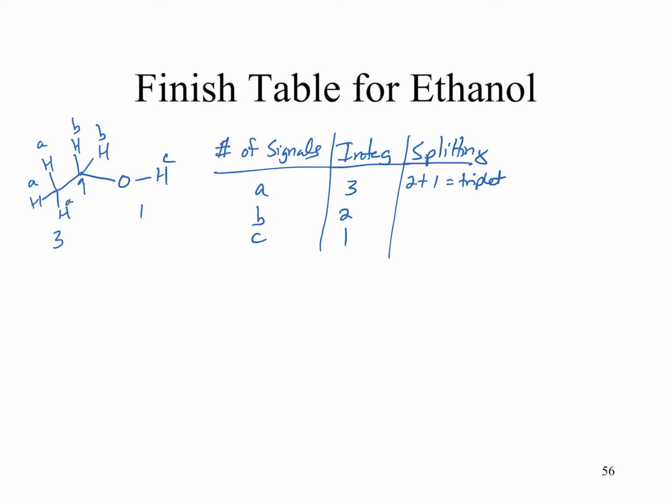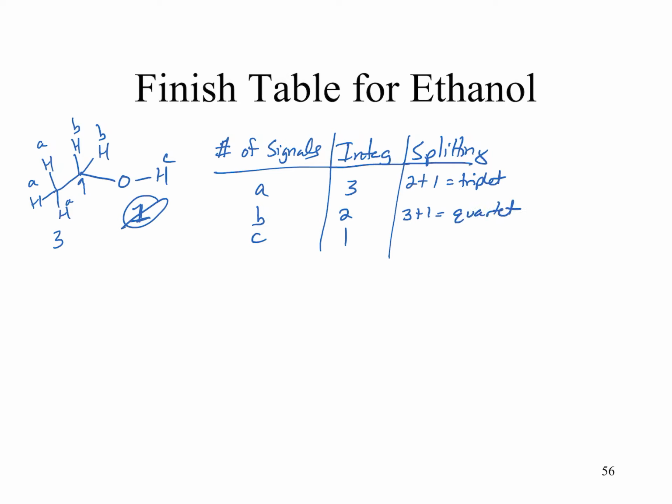However, remember what we said. Hydrogens that are on oxygen or nitrogen do not get split, nor do they contribute to splitting. So even though we see 1 to this side, we're not going to count it. Because remember, sometimes it's there, sometimes it's not, right? So if we actually look at B, it's only 3. So we say 3 plus 1, that's going to be a quartet.